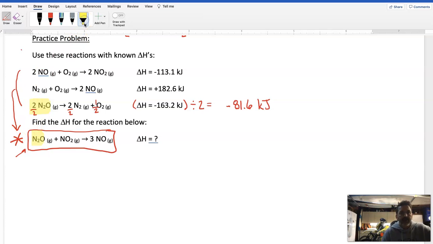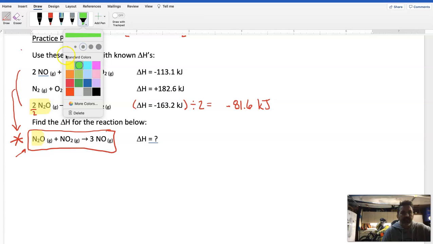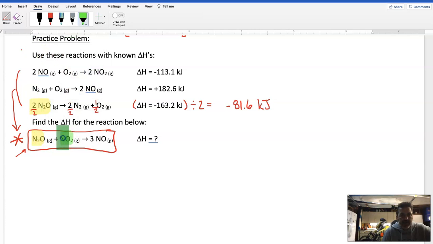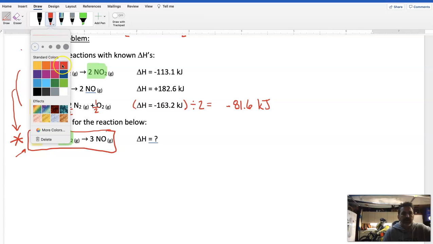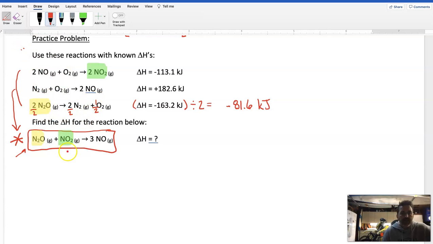All right, now next, so I've sort of isolated the first thing in the equation. Now I want NO2, I want that to be in the reactants, and I want one of them in the reactants. So I come over here and I look for NO2, and NO2 I see is right here. So I'm going to go back to my pen here. So I need NO2 to be in the reactant side of the equation.